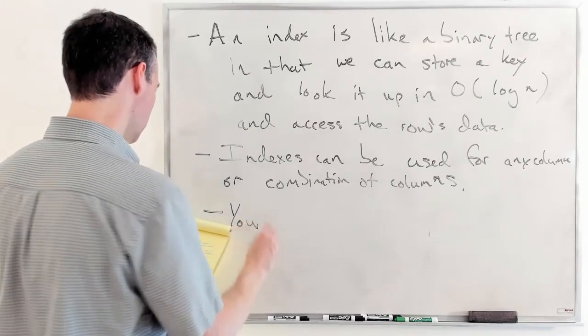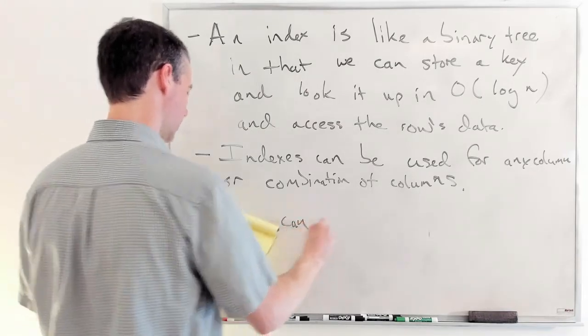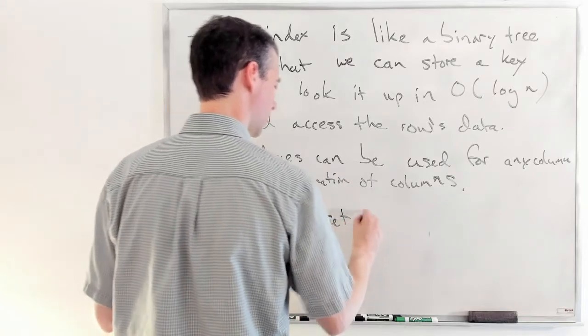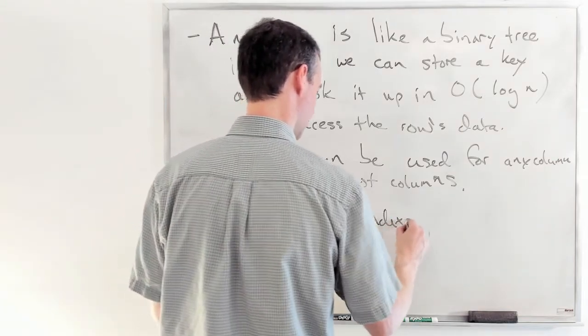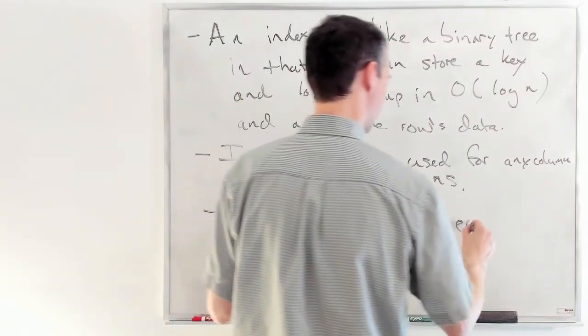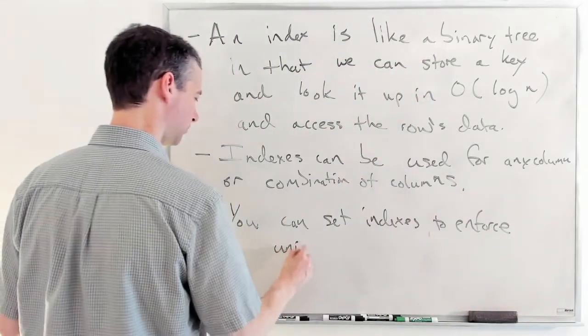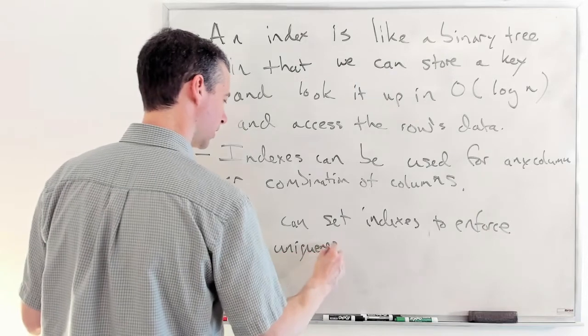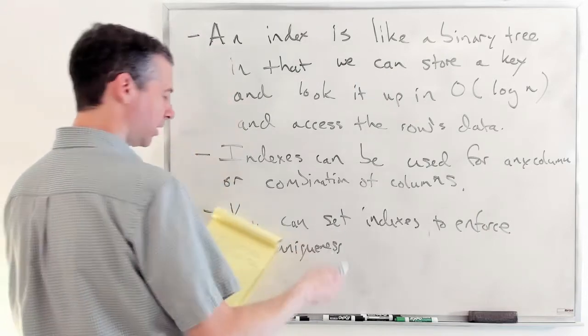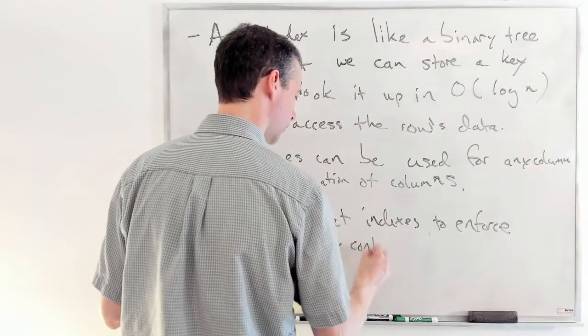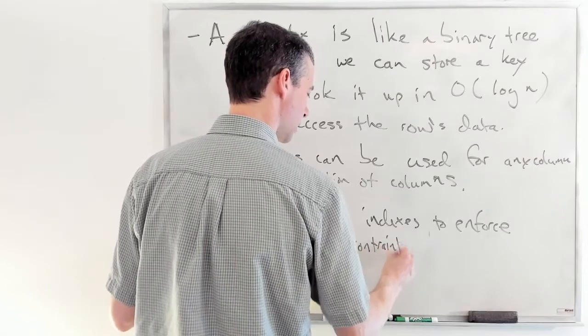You can also set up an index or indexes to enforce uniqueness constraints. So the corollary here is that it's not only for columns that are keys.